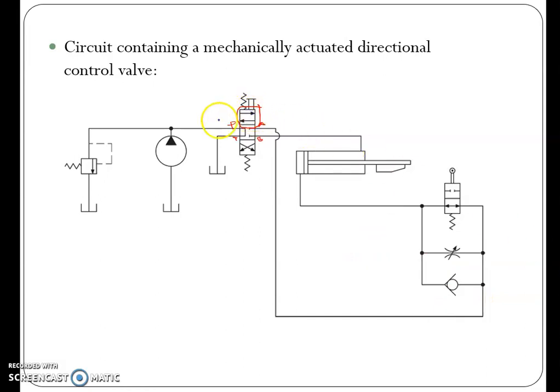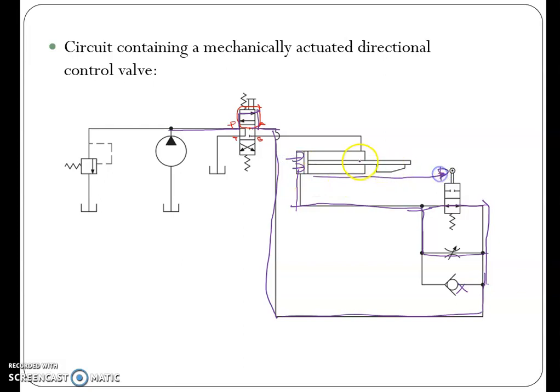Bila dia shift to this position, dia akan flow melalui P masuk ke A. This one dia tak boleh lalu sebab dia block, so dia akan lalu melalui the two-way and also the needle valve. So dia masuk dalam cylinder and then cylinder will extend.